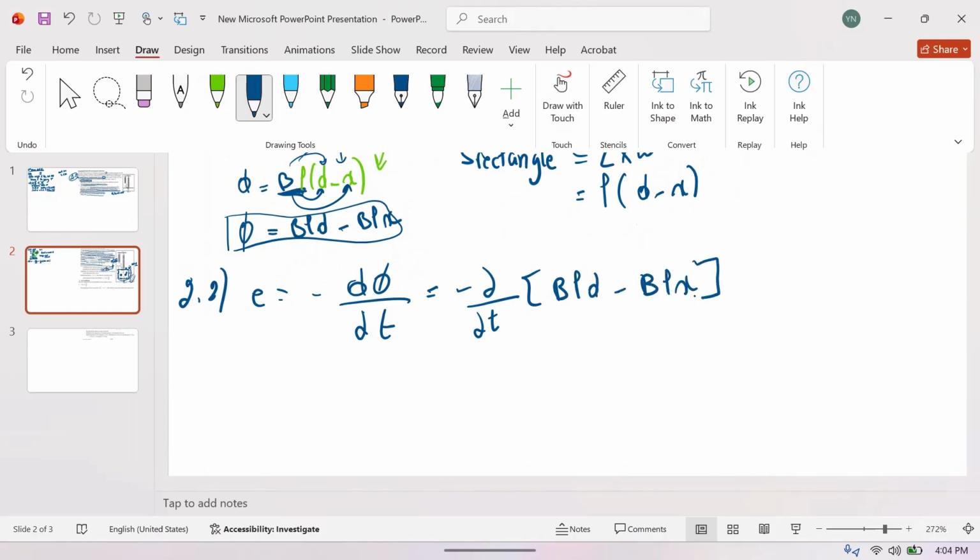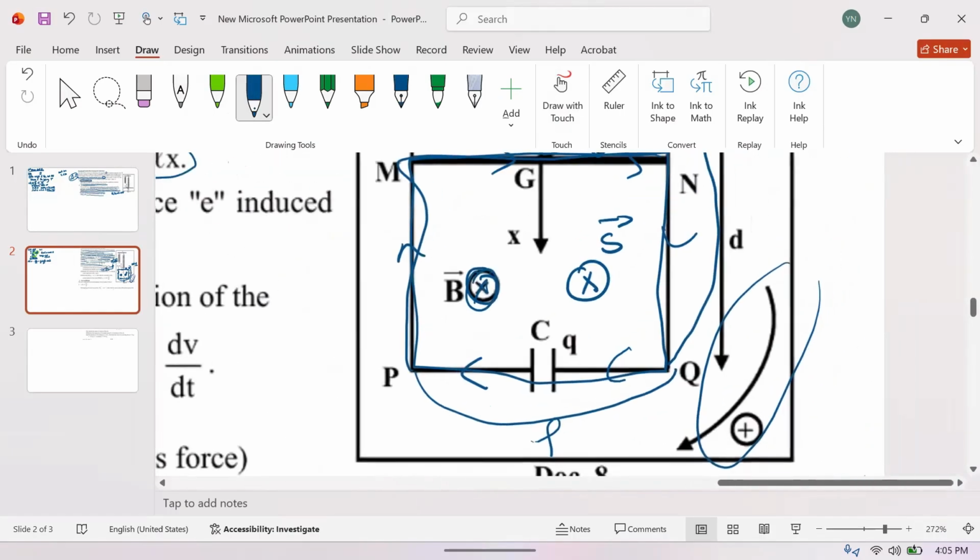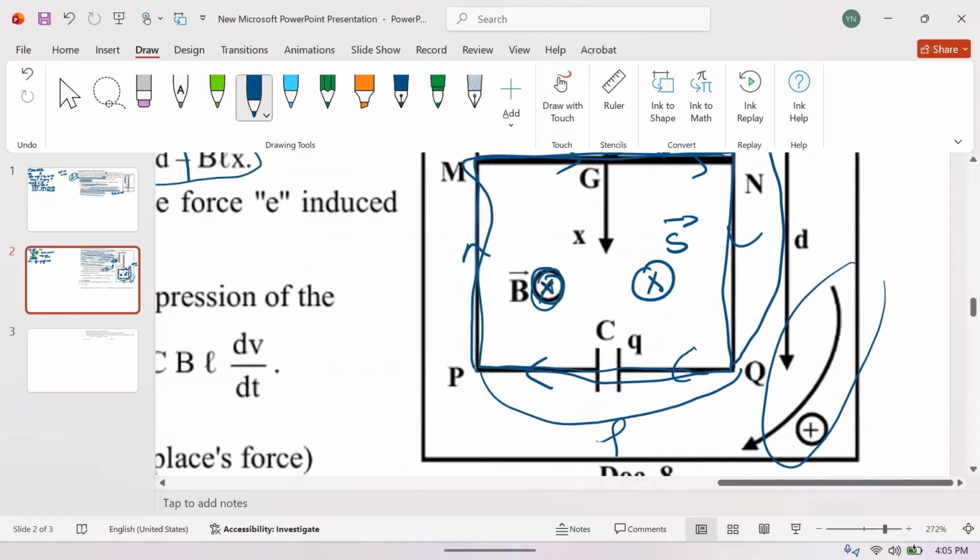The problem is you don't know. Sometimes people don't know what actually is constant and what is not. B is uniform, that means B is a constant. It's not changing. L is the length between P and Q in the figure. This is not changing either, so it's a constant.